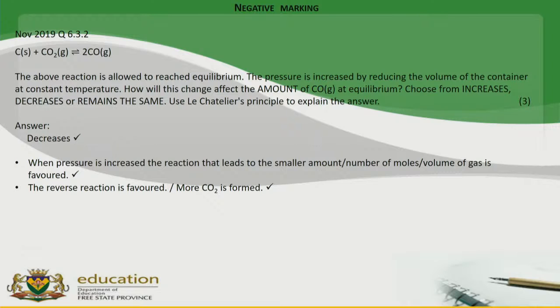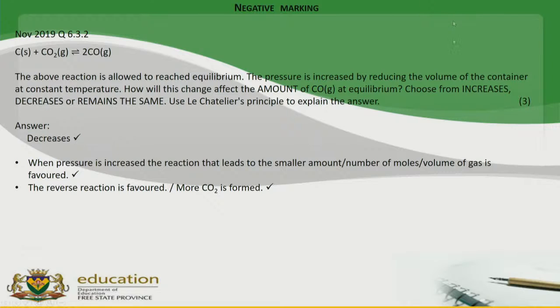And therefore, they went back to the balanced equation and said, okay, on the right hand side I have 2 gas molecules, on the left hand side I have 1 gas molecule. So the decrease in gas molecules is the reverse reaction, and they quickly said the reverse reaction is favored. But most learners failed to say that if the reverse reaction is favored, it means the amount of CO will decrease, which is the first question.